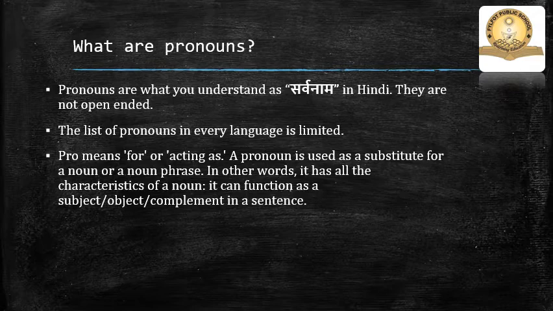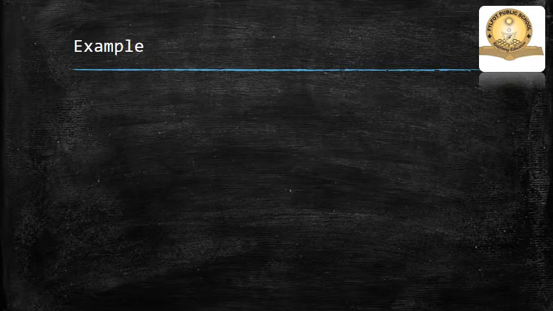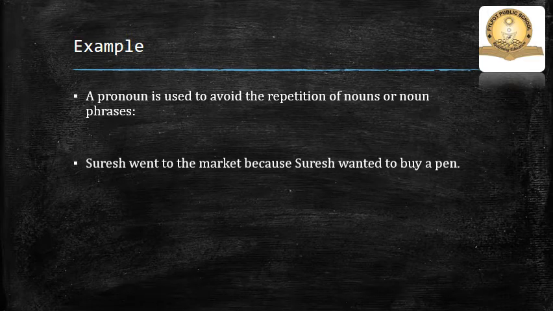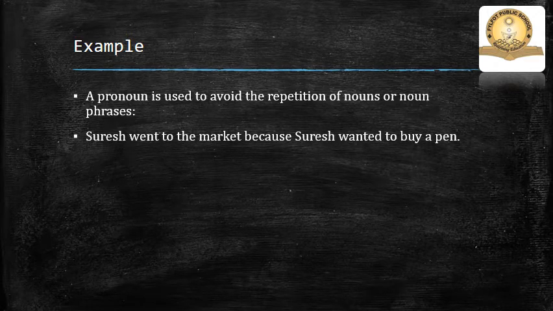So here we have few examples. Like right now we discussed, a pronoun is used. Why is it used? It is used to avoid the repetition of nouns or noun phrases. For example, Suresh went to the market because Suresh wanted to buy a pen. So here 2 times this noun is being repeated.